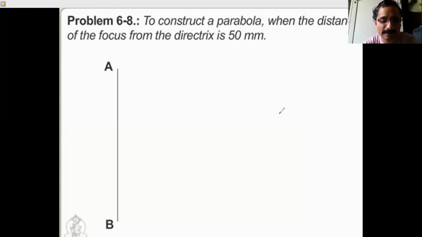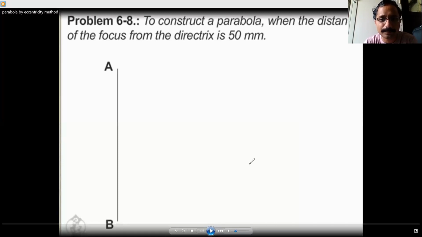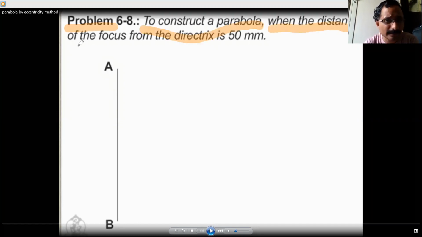What is the given question related to the parabola construction by eccentricity method? Let us say this is the given problem: to construct a parabola when the distance of the focus from the directrix is 50 mm. So this is the given information.